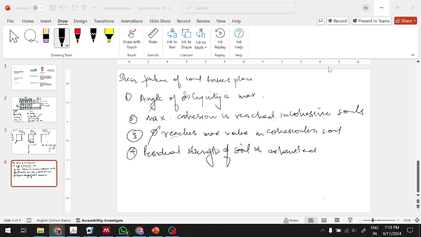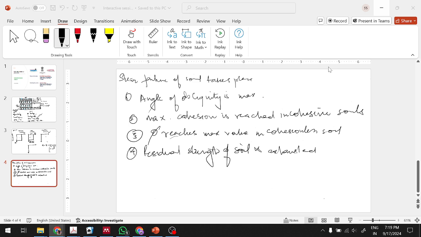Okay, I'm sorry. So, what is your doubt in this question? See, there is a difference between the angle of obliquity and the angle of internal friction.